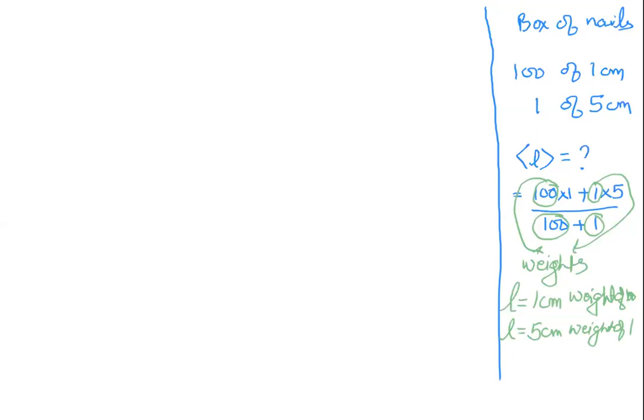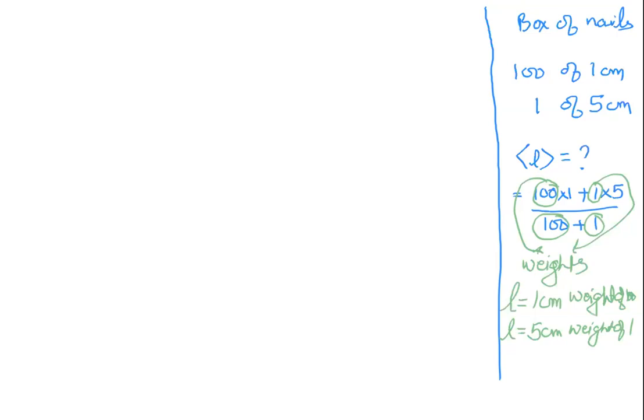So when I wrote the average formula, it is 100 into 1 plus 1 into 5 divided by 100 plus 1. I will call this the weighted average, and I will call these two numbers 100 and 1 the weights of lengths 1 centimeter and 5 centimeter respectively.